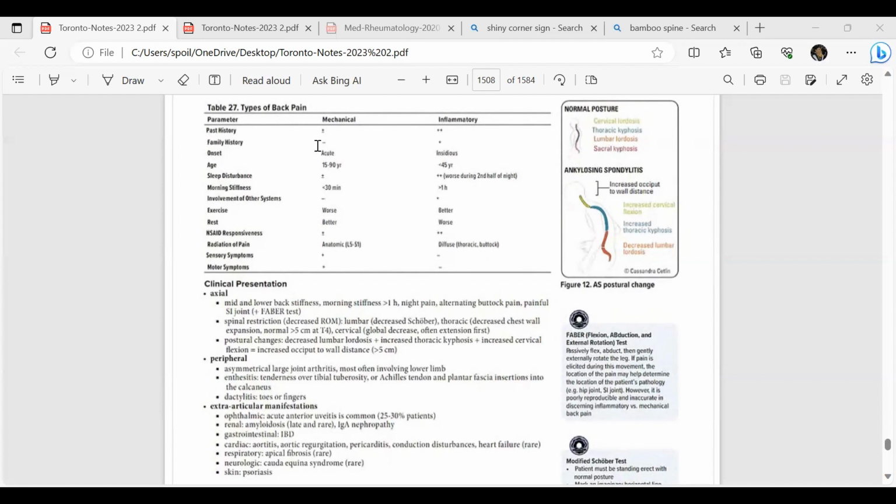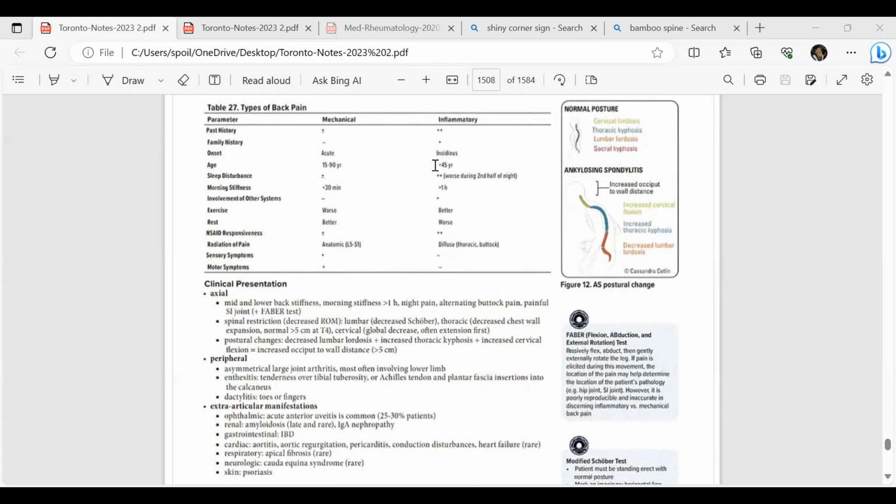Family history is not present in mechanical, whereas it's present in inflammatory. Onset is acute in mechanical, whereas here it's insidious, and age is 15 to 90 versus usually less than 45. In mechanical there is sleep disturbance, whereas in inflammatory, severe pain causes sleep disturbance in the second half of the night.